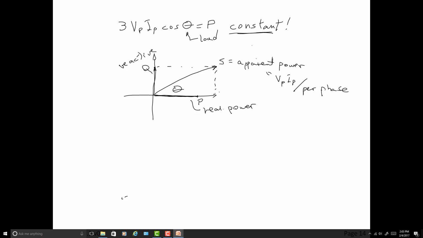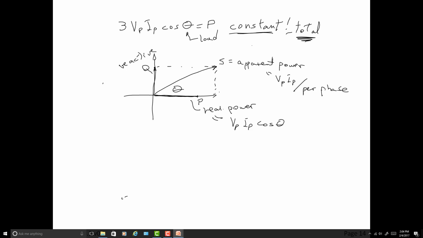All right, so this was our total power. Up here, it's constant, right? And now we're going to look at these portions, right? So the part we're interested in, the real power, quite naturally, is our VP IP times the cosine of theta, function of the load.